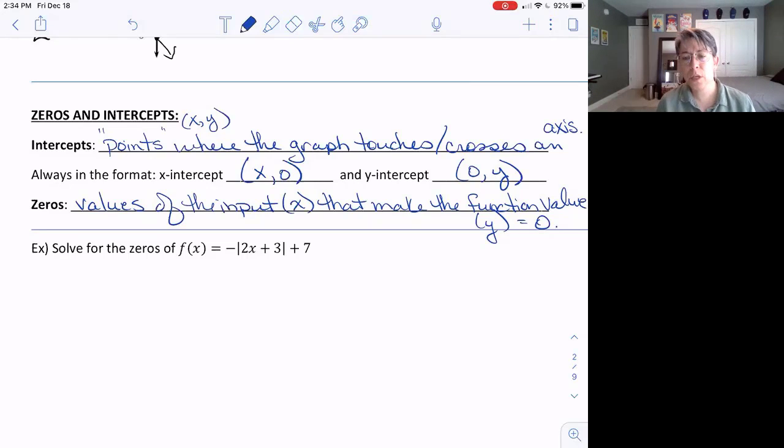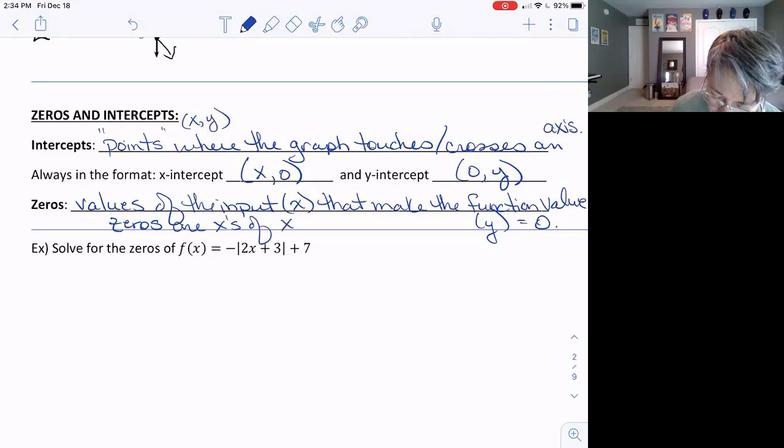That's why they're called zeros. So really, when you're finding zeros, you're also finding x-intercepts. When you're finding x-intercepts, you're finding zeros. So basically, zeros are the x's of x-intercepts.